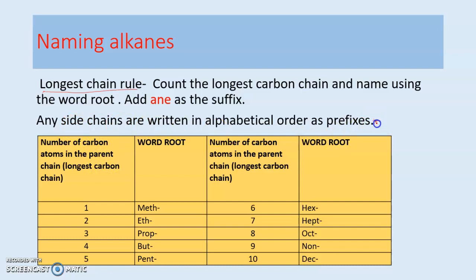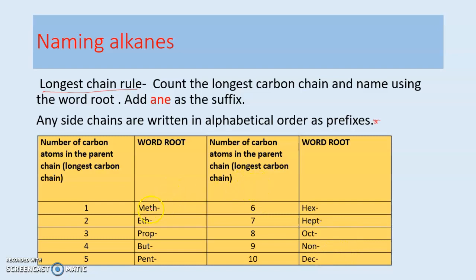We won't be looking into a lot of prefixes in this video, but if you want to learn more about nomenclature or naming of compounds, please refer to the previous videos that I've made on that topic. For basic understanding, if you are doing GCSEs, then you would just need to know how to name simple alkanes.